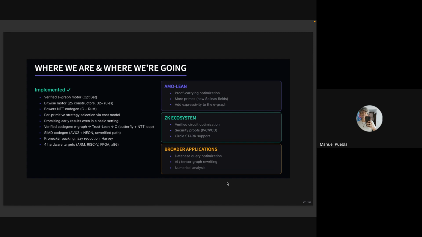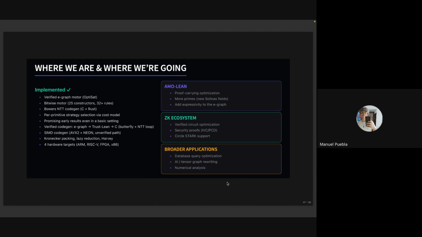Then for the ZK ecosystem, we already have a very advanced proof of concept to verifiably optimize constraint circuits. We have a prototype. We need to finish some things, but we are very advanced in that, and also in security analysis using Lean.